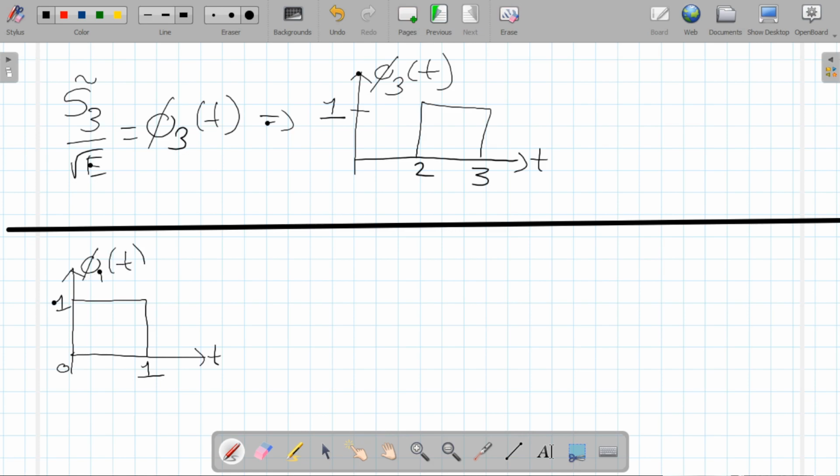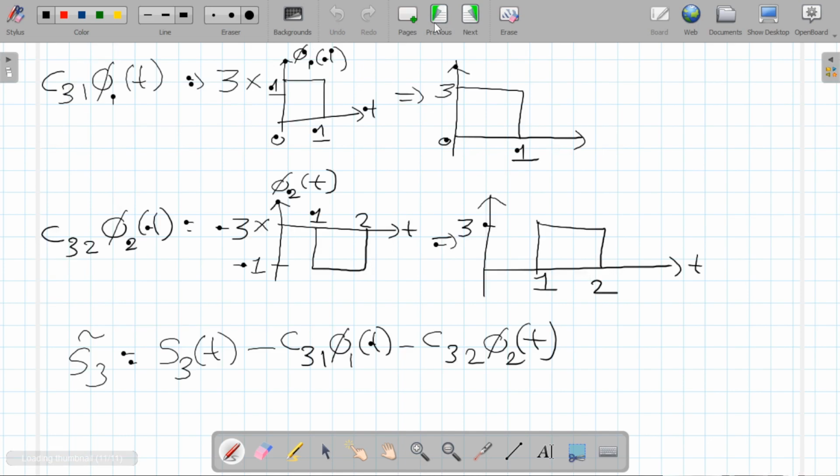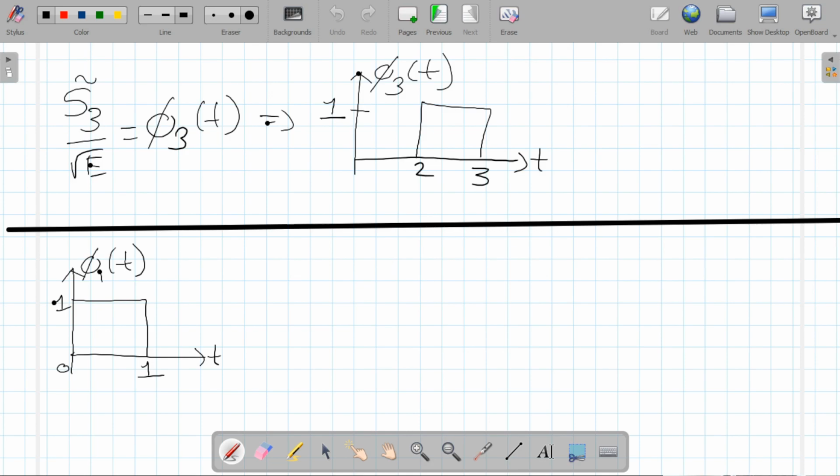And we get phi 2 of t from 1 to 2 on the time axis, with amplitude minus 1.